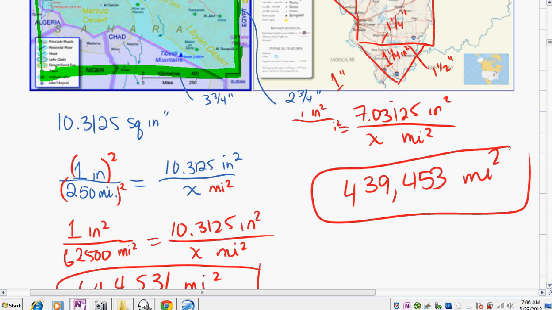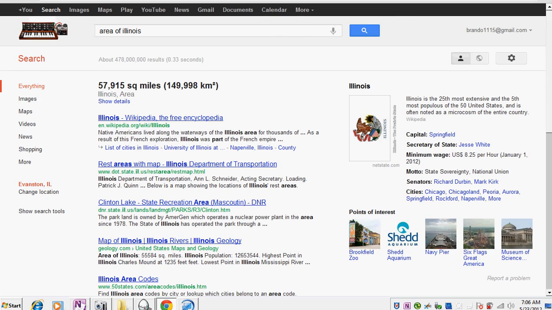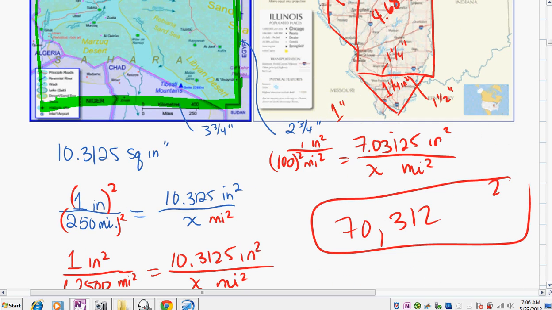So I had different scales. So I need to do 100 square miles here. And so let's resolve. So I need to do 7.03125 times 100 squared, 70,312. So now, again, looking at the real one, it is 50,000. So I overestimated Illinois.